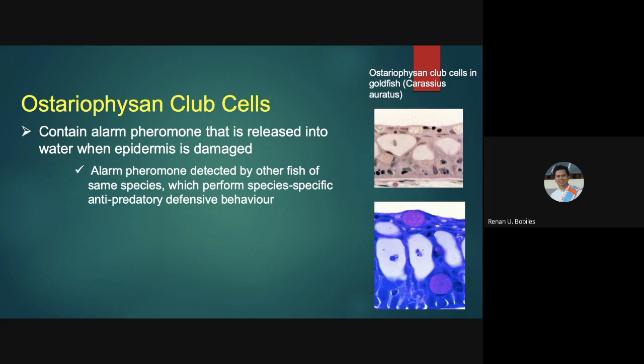A pheromone is a signal. It is a secretion. Okay? It acts as a signal to other fish of the same species.